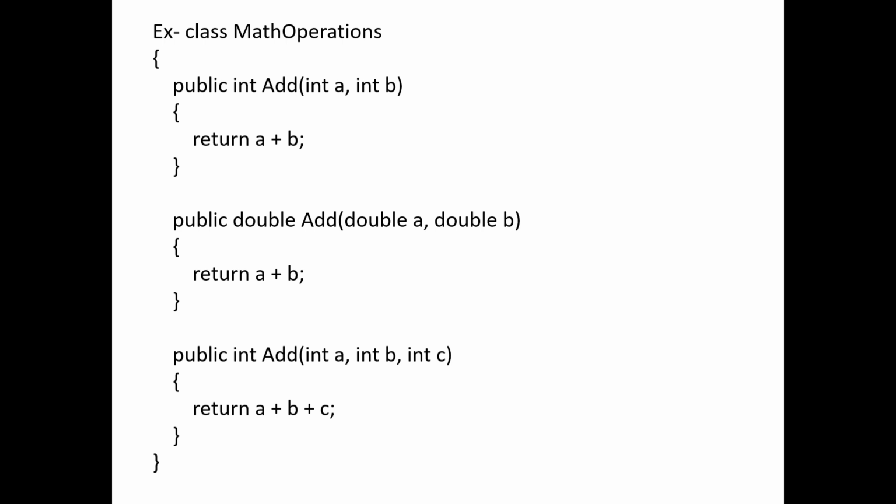In the second function, the parameters are also two, but the data type is double. In the third function, the parameters are three: int a, int b, and int c. So on the basis of parameters, while calling a function, the compiler will differentiate which function we want to call.